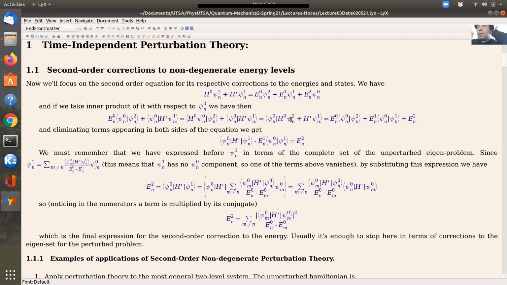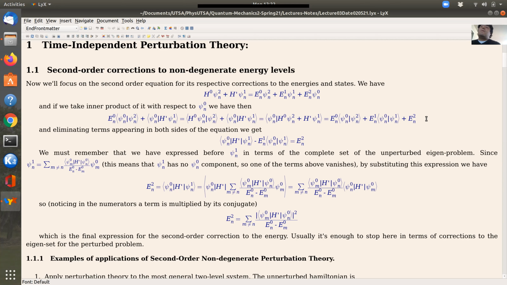I can take the E0n factor out, and I have the product of psi 0n with psi 2n. Then E1n comes out, and then the inner product of psi 0n with psi 1n. And then E2n times psi 0n with itself, which is 1.